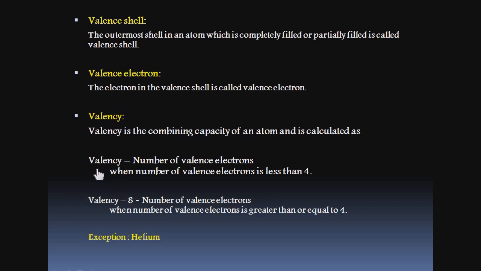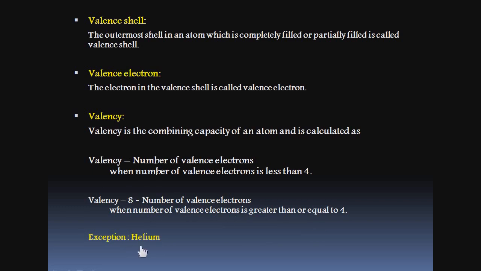The formula is valency is equal to number of valence electrons, that is electrons in the outermost shell, if the number of valence electrons is less than 4. Or valency is equal to 8 minus number of valence electrons if the number of valence electrons is greater than or equal to 4.